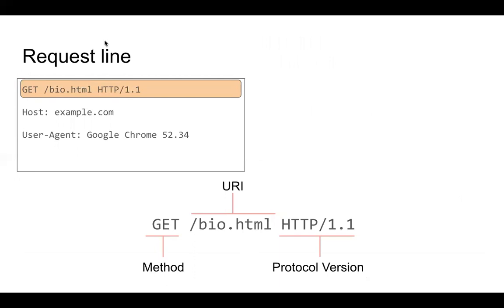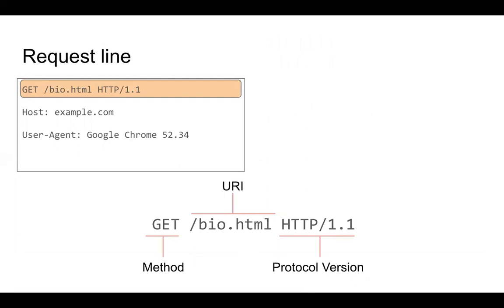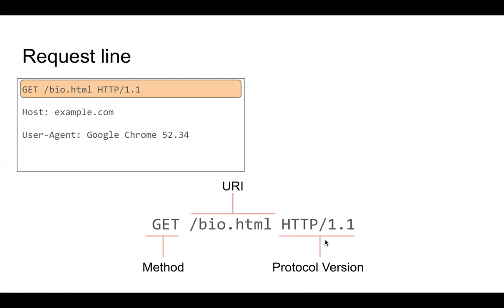We're going to take a look at this line by line. GET, first off, is the method we're using. There are a lot of HTTP methods out there, GET being one of the more common ones. We're going to get to the other ones as we go through it. The second part is the URI, the endpoint we're trying to reach. And then the protocol version, which in this case is version 1.1.